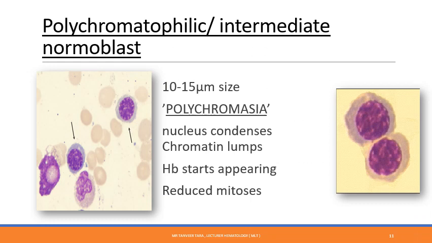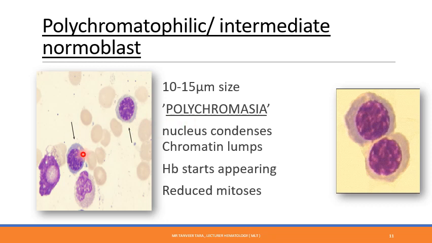And then we have the polychromatophilic normoblast or intermediate normoblast or polychromatophilic erythroblast. Here you are looking that the color of the cytoplasm is somewhat different. It's not basophilia, but a polychromatophilic color. It means that it is made of two colors, basophilia and red color.